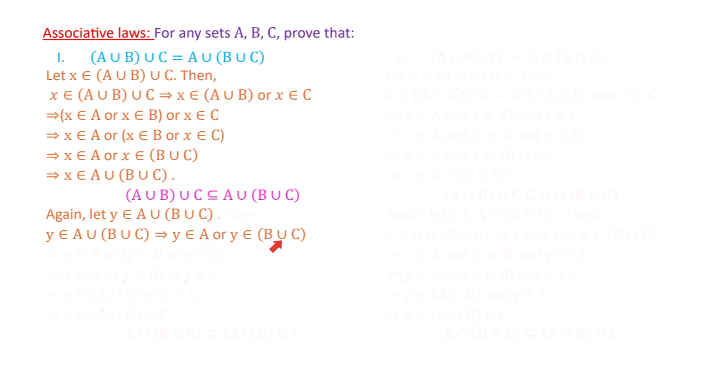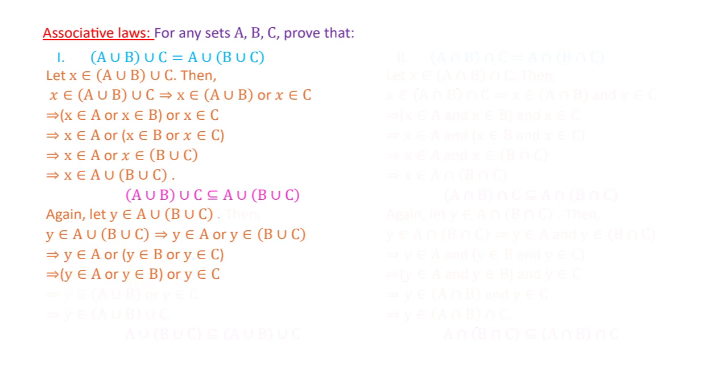Now we have union between B and C, so we can write OR in place of this, and we get Y belongs to A or Y belongs to B or Y belongs to C. Now from this statement we can rewrite the statement in this form. The brackets in this case were for these two terms. Now we have shifted the bracket to these two terms.